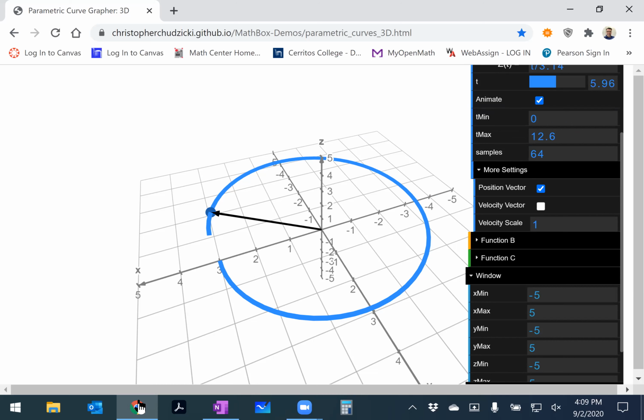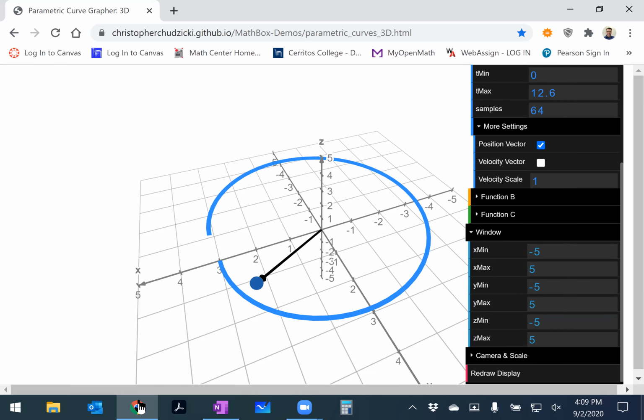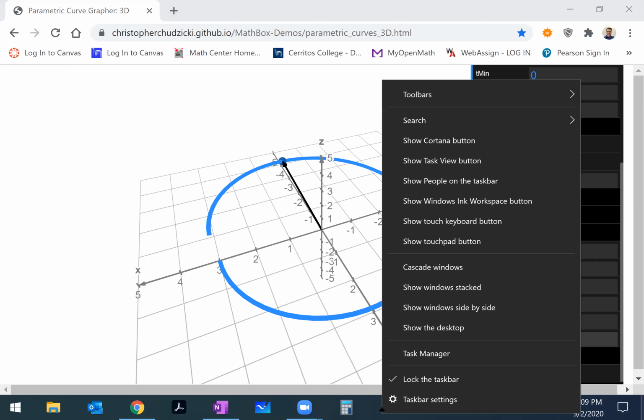Z is only going to 5. Maybe that's the problem. We need z max to go further than 5. Show keyboard. There we go.